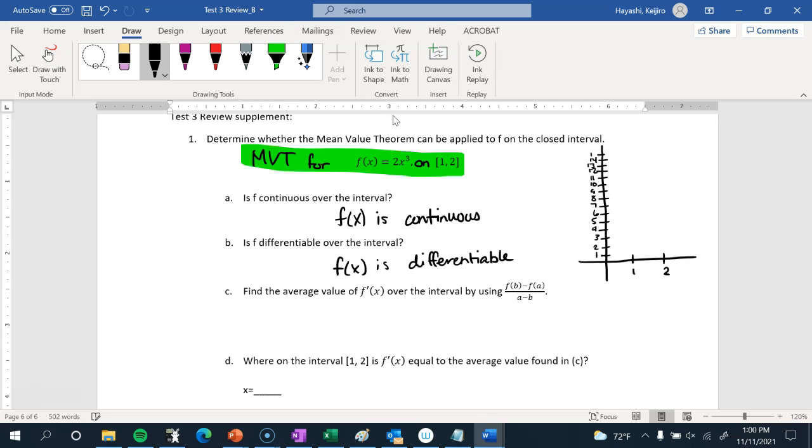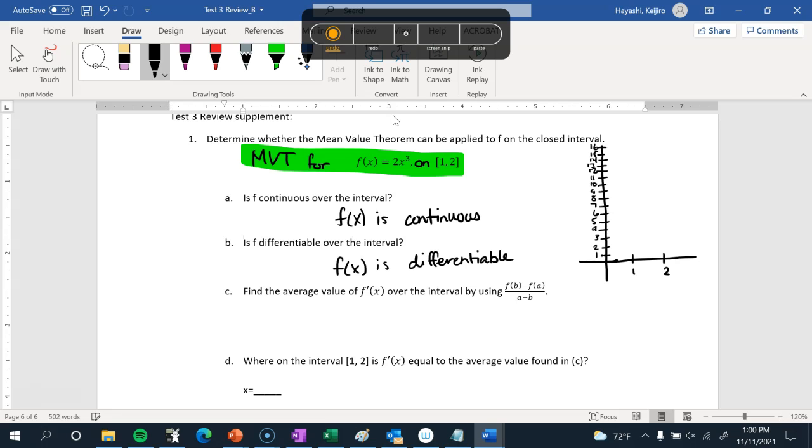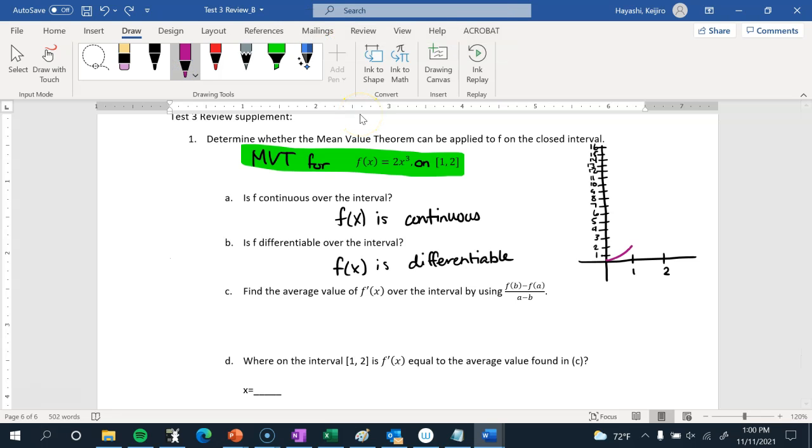Just go up to 16. So this is what the function looks like. The function looks like this.